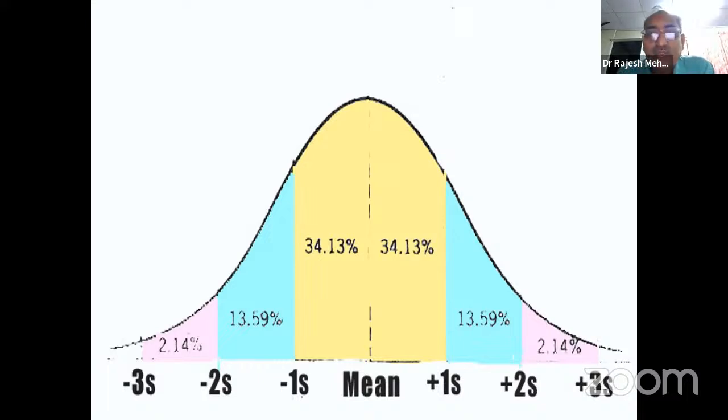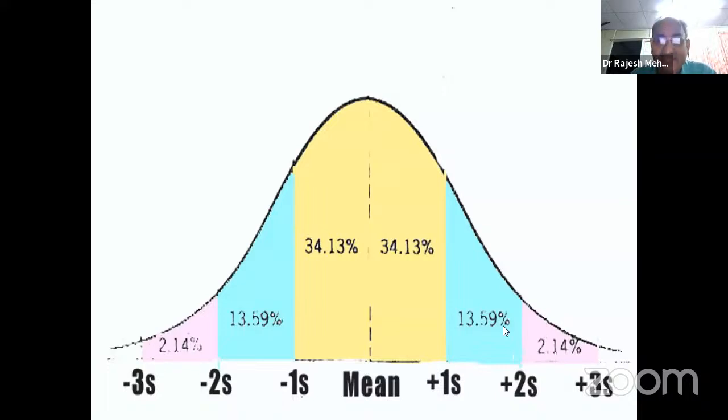Now the question asked to you, does the child having 100 centimeter belong to 65 to 85? No, it's outside. So the child at 100 centimeter is somewhere in the 2.14% plus this 2.14, roughly say 5%.